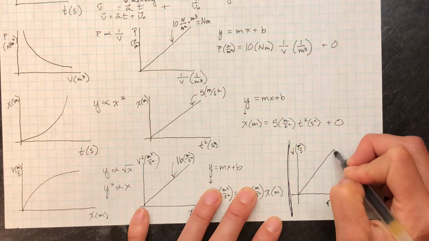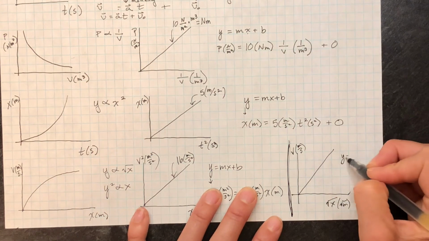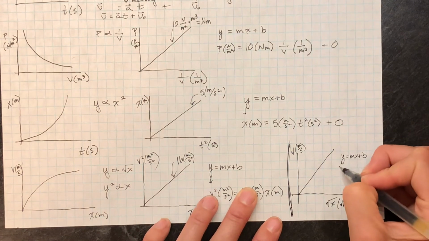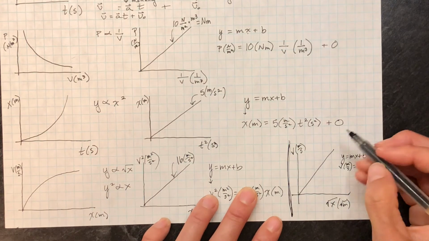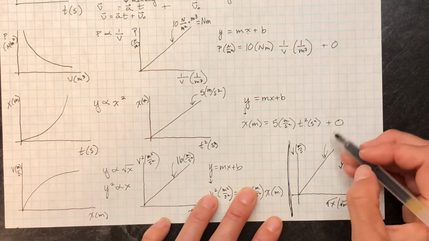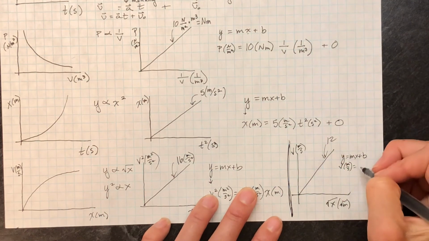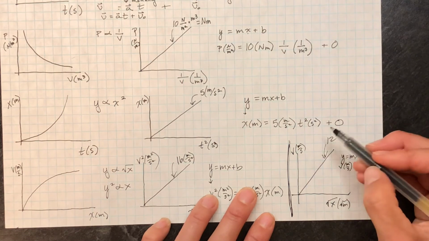That would also give you a straight line. So now we can apply this again, y equals mx plus b, and our y is velocity in meters per second. Our slope is something, I'll just put 12. That's not exactly what it is, but that's 12. And then we'll figure out our unit.